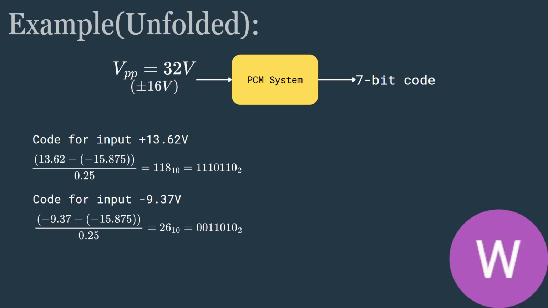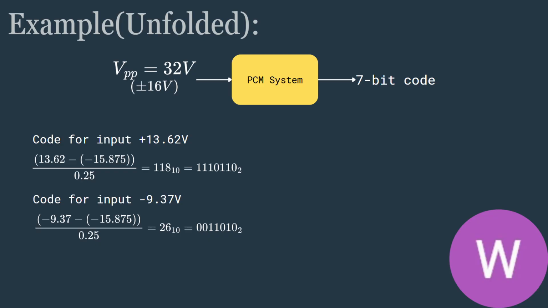And then X we got is 118. But this is in decimal. We need to change it to binary. So we convert 118 into binary, which is 1110110.